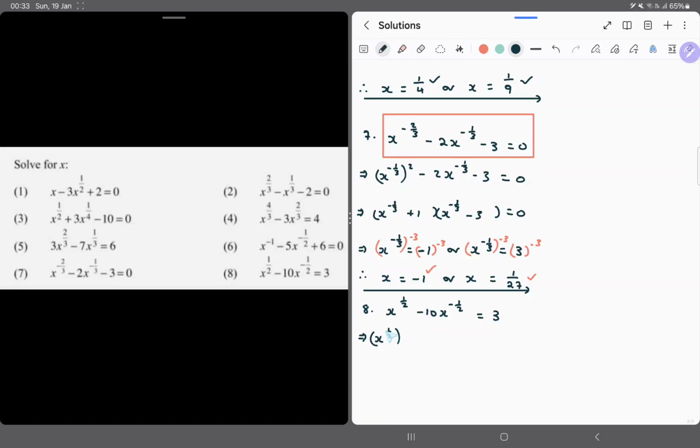Now we need to think about it. If we say this is minus a half, what are we going to make this? We want that to come out. So 1 is minus, 1 is positive. So how do we handle this?